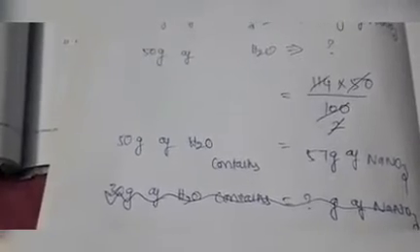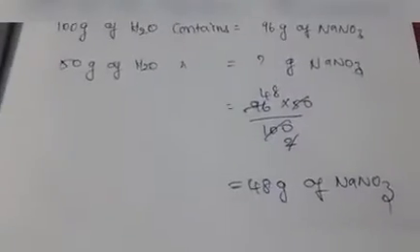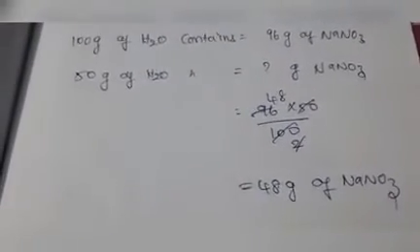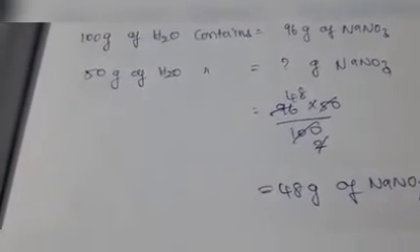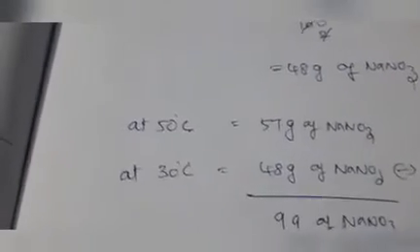50 grams of water contains 57 grams of sodium nitrate at 50 degrees Celsius. Same 50 grams of water contains 48 grams of sodium nitrate at 30 degrees Celsius. You have to find the difference.